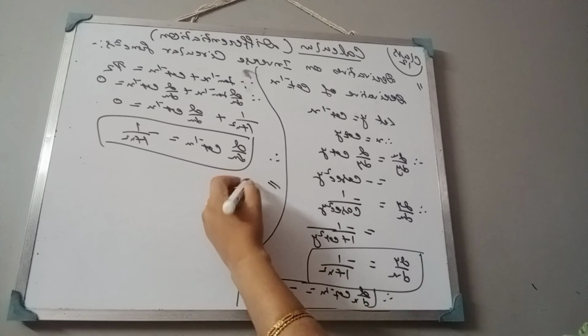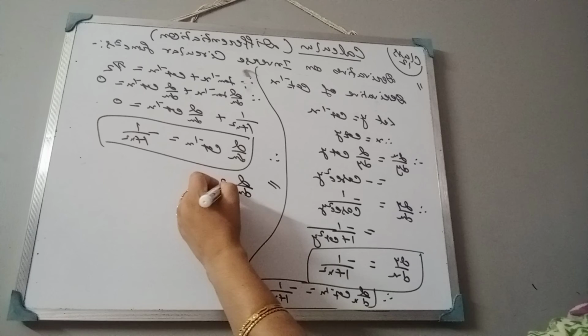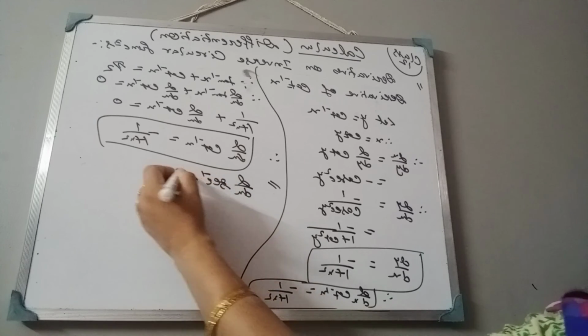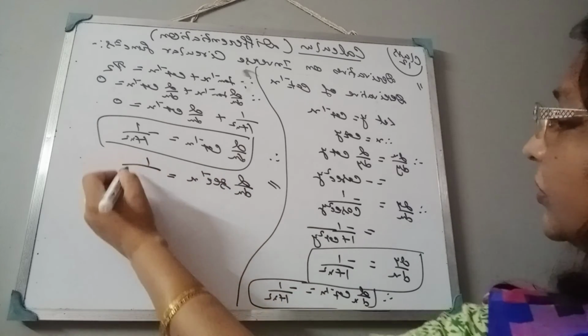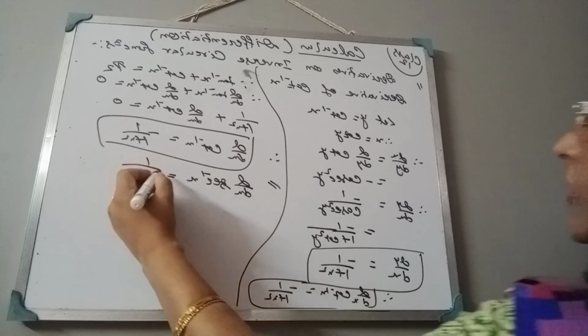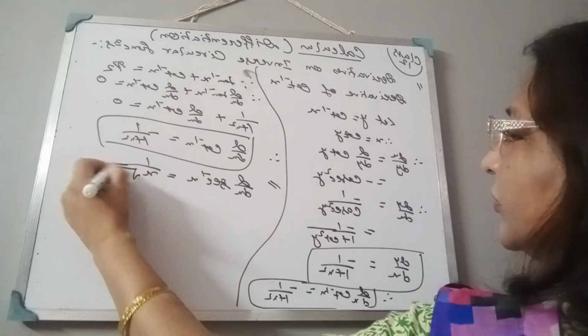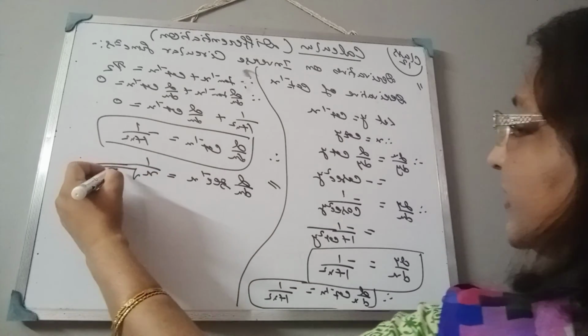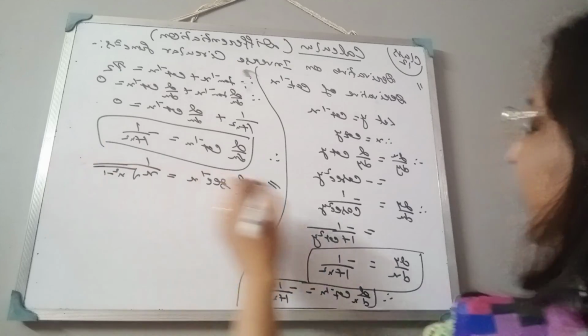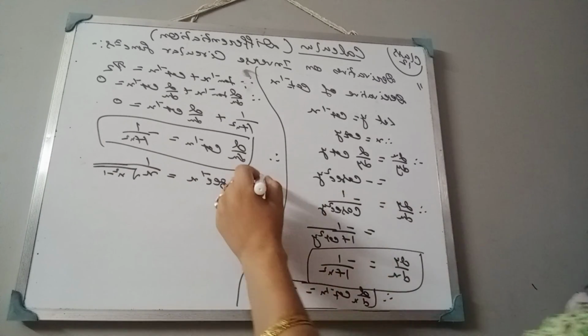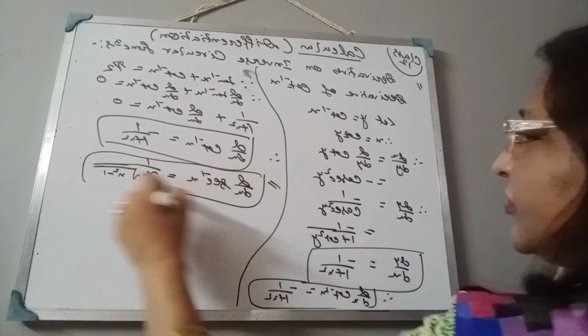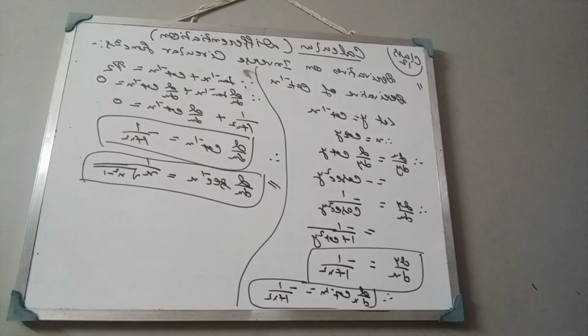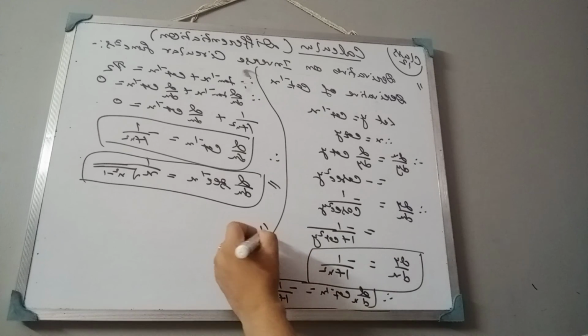Next, directly I am writing d/dx of sec inverse x. Write all the formulas on one page, otherwise you cannot do the sums. You have to practice, and that time you need all the formulas at a time. So d/dx of sec inverse x is 1 by x square root of x square minus 1.